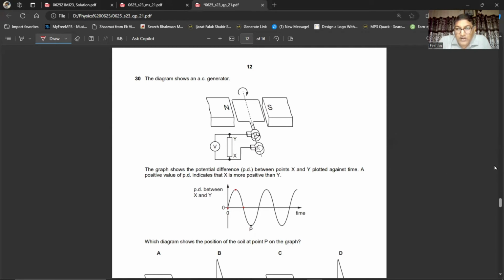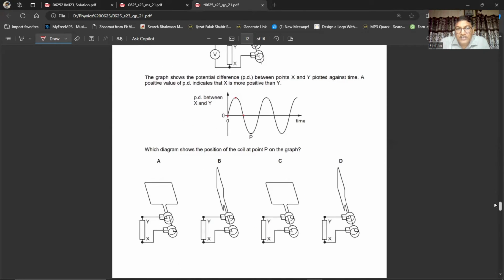Okay, now here you see we have that graph. Which diagram shows the position of the coil at the point P on the graph? At the point P, you see X is negative.